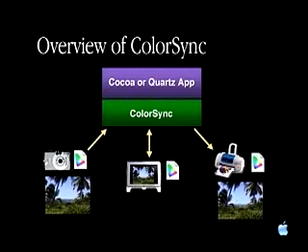Here's a diagram that I wanted to add to give an idea of how color management is actually used in practice for those of you who are not aware. The idea is, again, you have an application at the top which is using ColorSync either indirectly or directly. And what the application wants to do is to render a document correctly. Let's say, for example, that document comes from a digital camera.